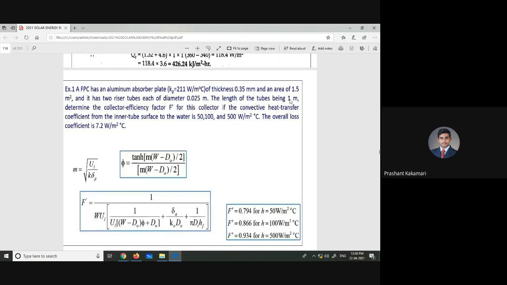Length of the tube is this much. So according to that, width will be how much? So that width you take for 1.5 meter square, unknown value. Substitute in this value, one can get the efficiency. So this efficiency is required for finding this collector efficiency factor.